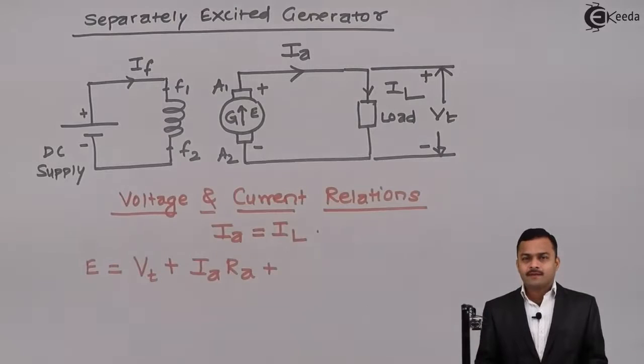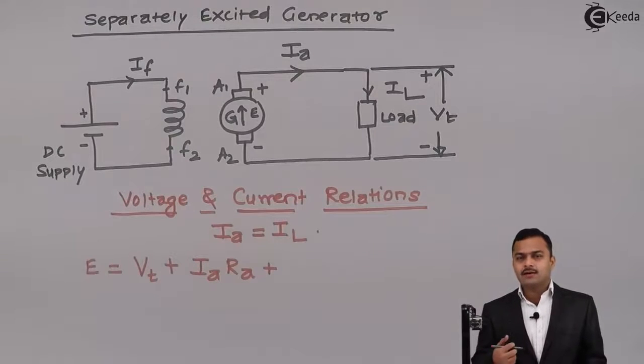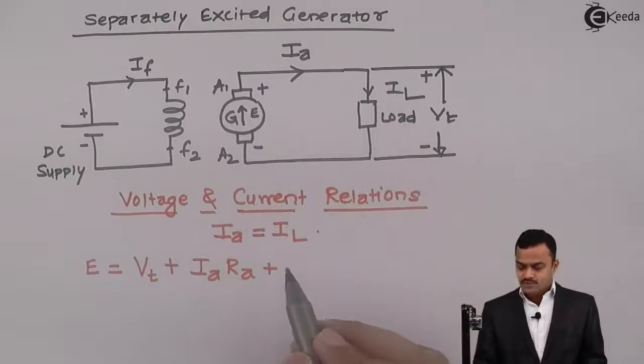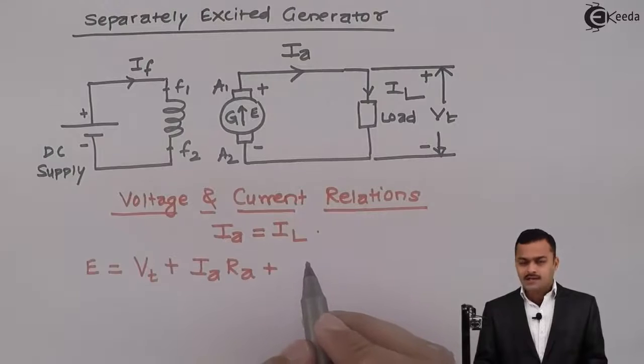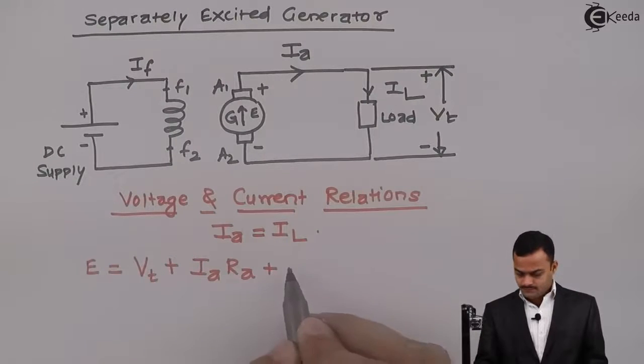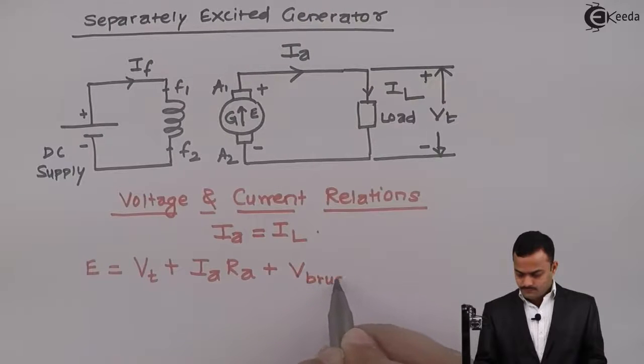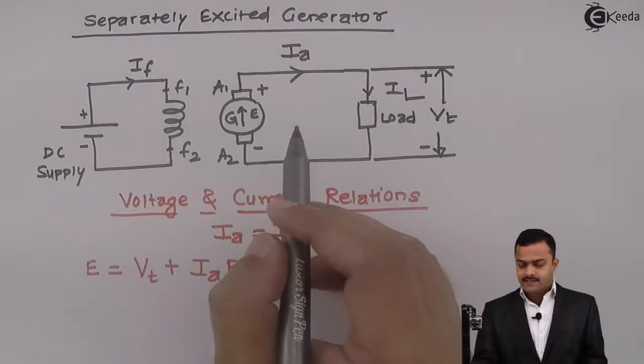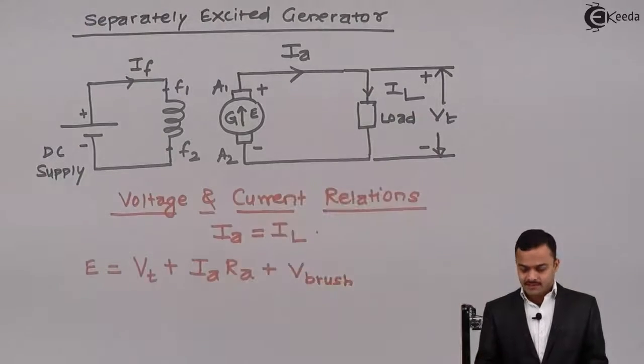With the help of brushes we are taking current and voltage out of the armature, so obviously we will have some small amount of brush drop. So this is the voltage equation of a separately excited generator.